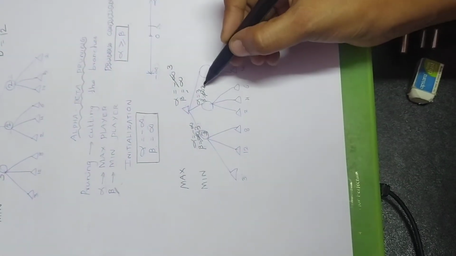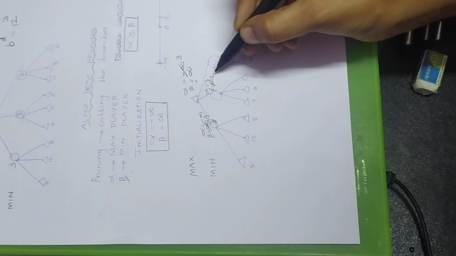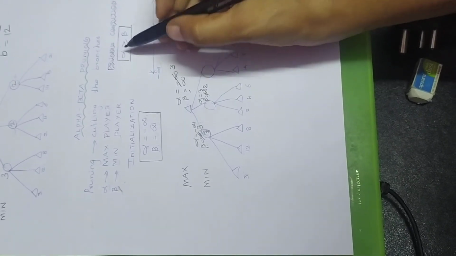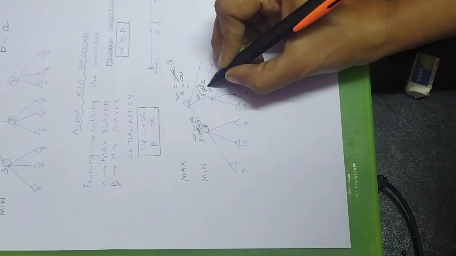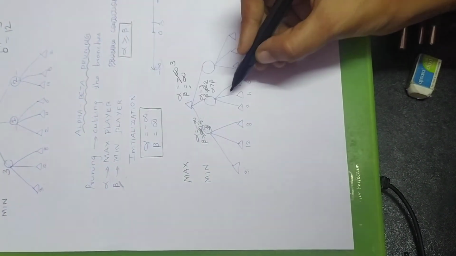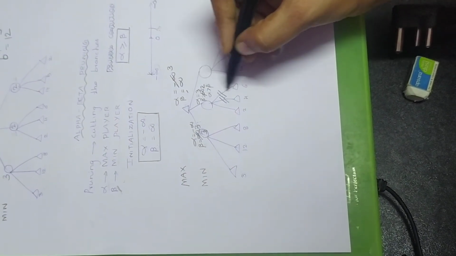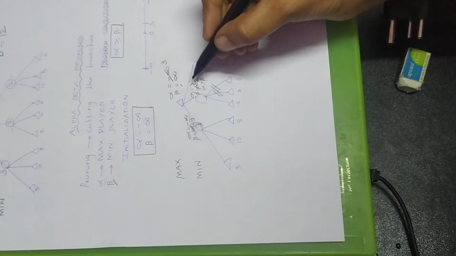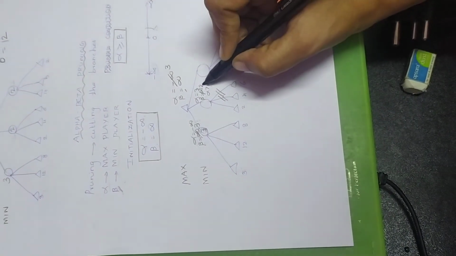Okay, so next you can see here the condition alpha is equal to 3 and beta is equal to 2. So the pruning condition is met, that means alpha is greater than beta. If this condition happens, we have to prune the next branches. So therefore we may get alpha is equal to 3 and beta is equal to 2.